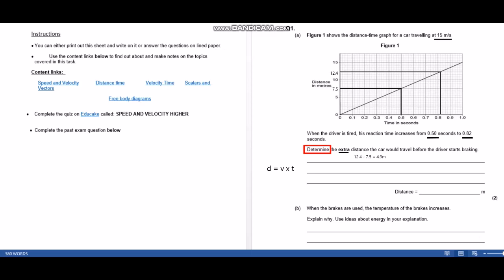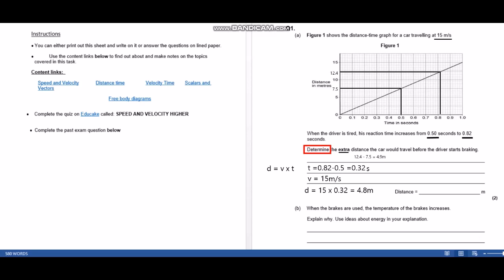So the time we're going to use is the difference in time between the reaction times. So we take away 0.82 minus 0.5. So we got 15 meters per second for the speed, and we got 0.32 seconds for the time, which gives us an answer of 4.8 meters when we times the two together.